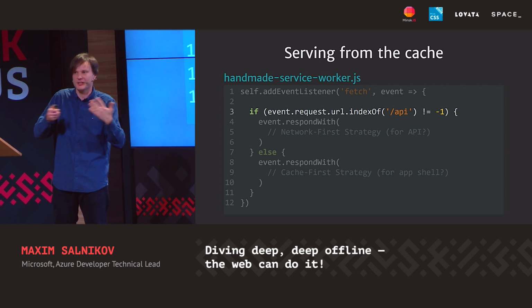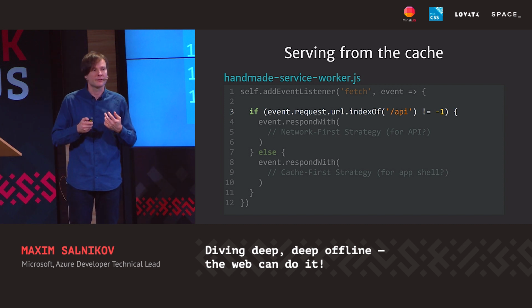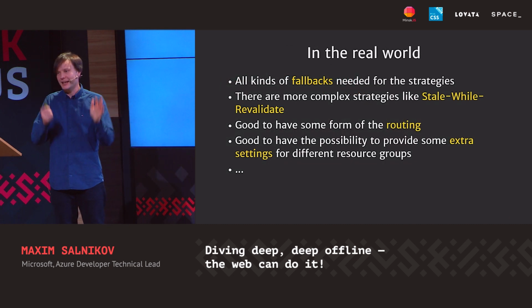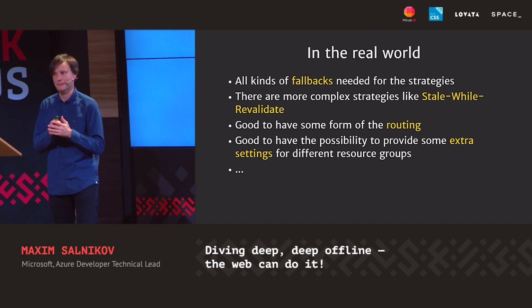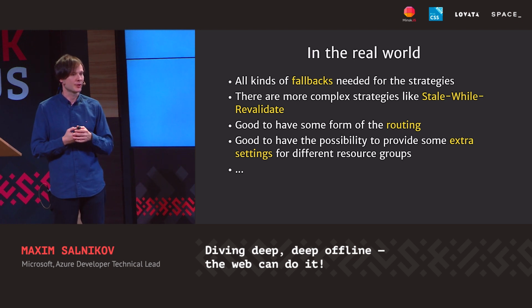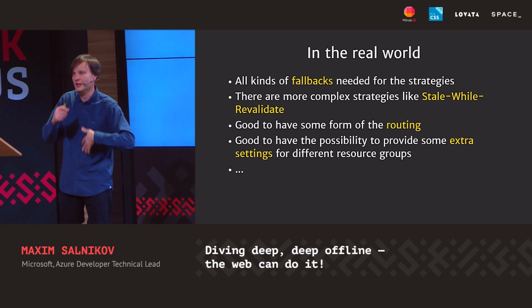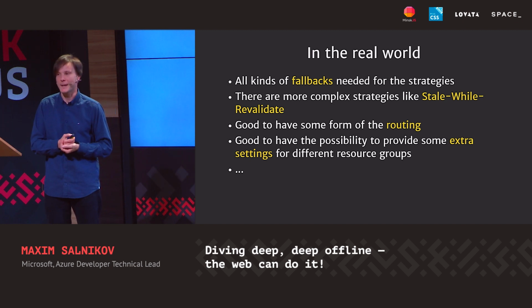Because for different pieces of our application, for different use cases, we might want to implement different logic. And again, there is a set of pitfalls here for you. It's quite challenging to write something production ready here. And after all, you will end up writing your own router, and maybe your code will again not be production ready.